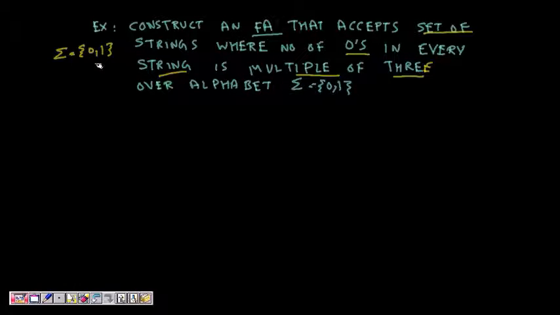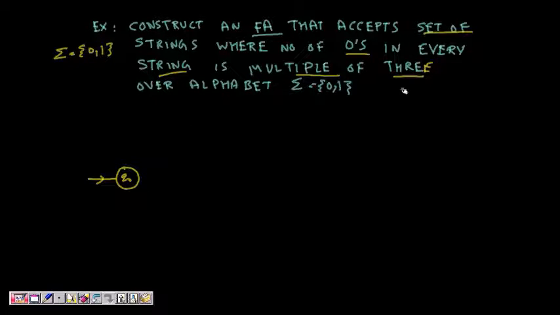So how to construct an FA? Let's see how we should make it. First thing is, let's have a start state. We should always have a start state. Let's write it Q0. Now I should count that the number of zeros is a multiple of 3.